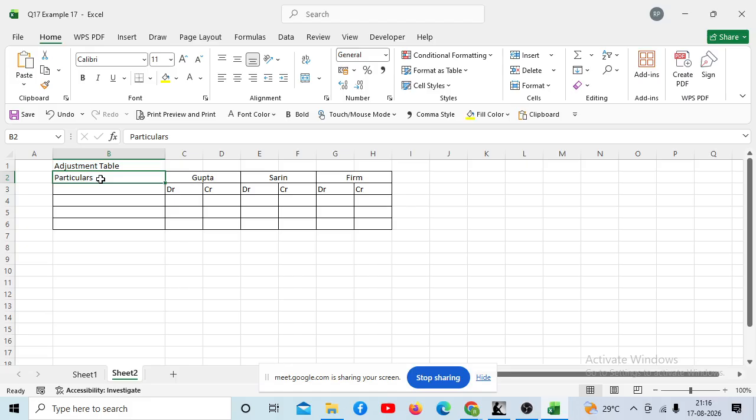So the columns are particulars. One partner is Gupta. For Gupta, the debit side and the credit side, and for Sareen, the debit side and the credit side, and for the firm, the debit side and the credit side. And after this, please also prepare the golden box.